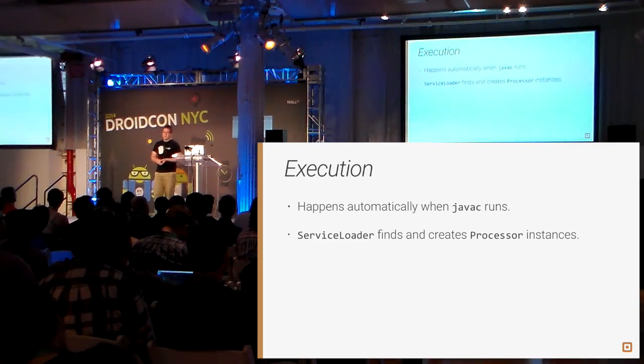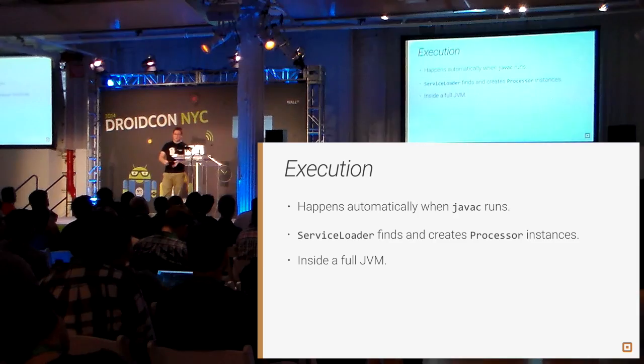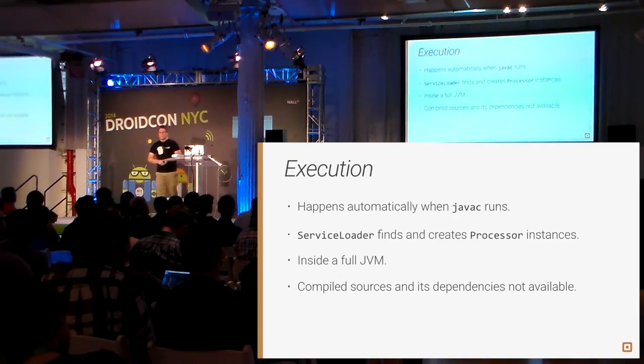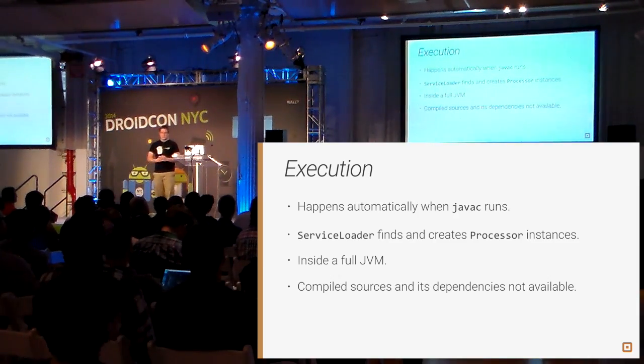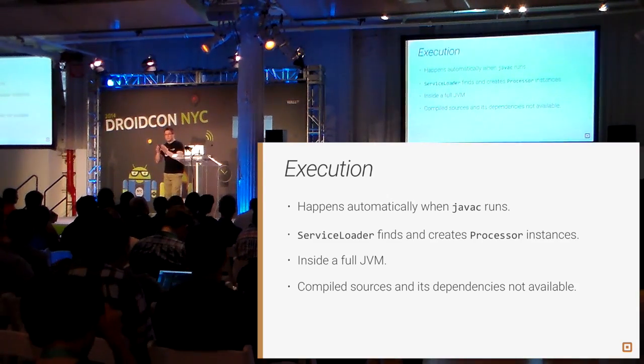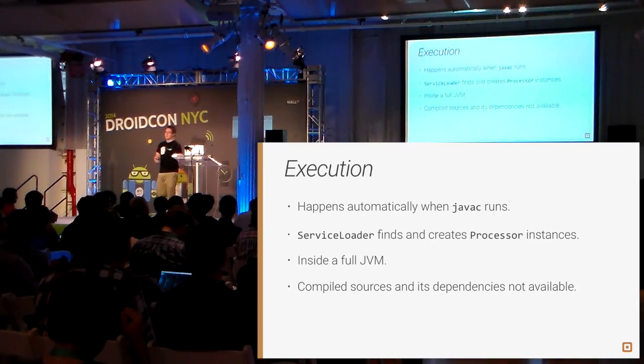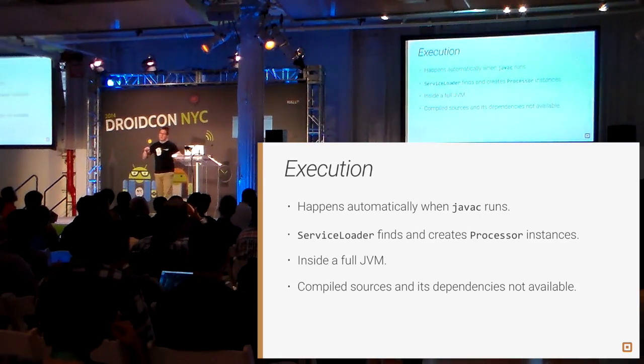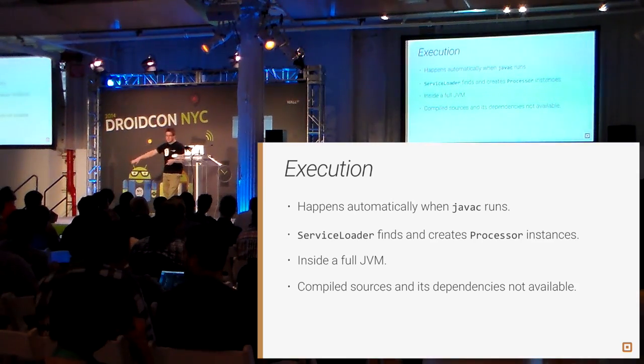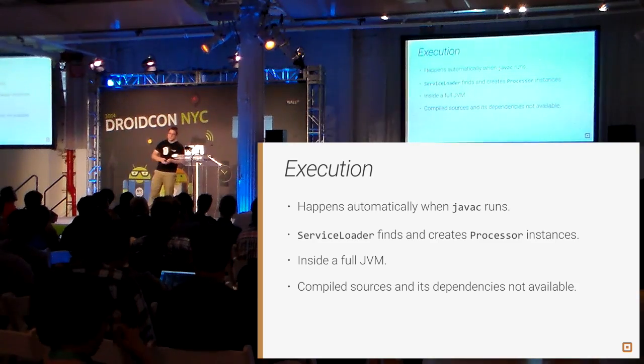So now that javac has our processor instances, one of the things you have to remember is that you're inside this JVM, but you don't have access to the sources and dependencies of the code that is compiling. javac is running in a JVM, taking in your source code and spitting out class files, to be later either indexed or loaded in the JVM.